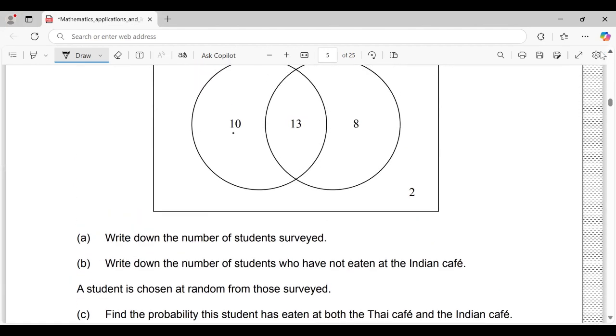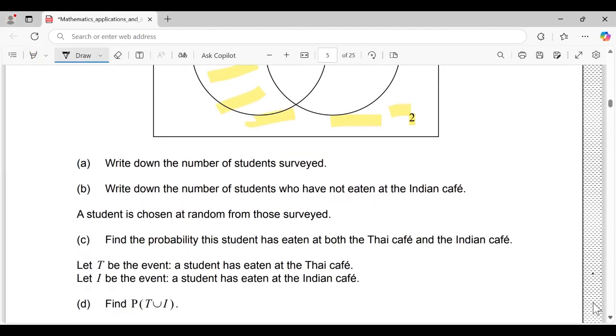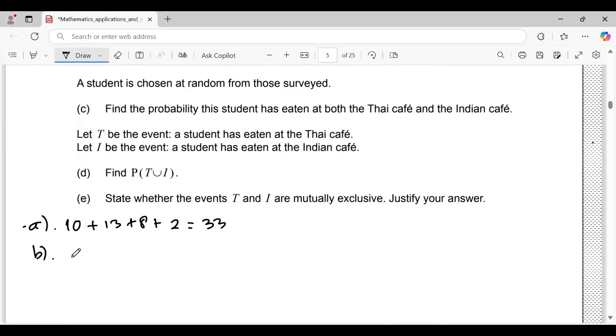Those students not eaten at Indian cafe are on this area. So 10 and 2. 10 plus 2 equals 12.